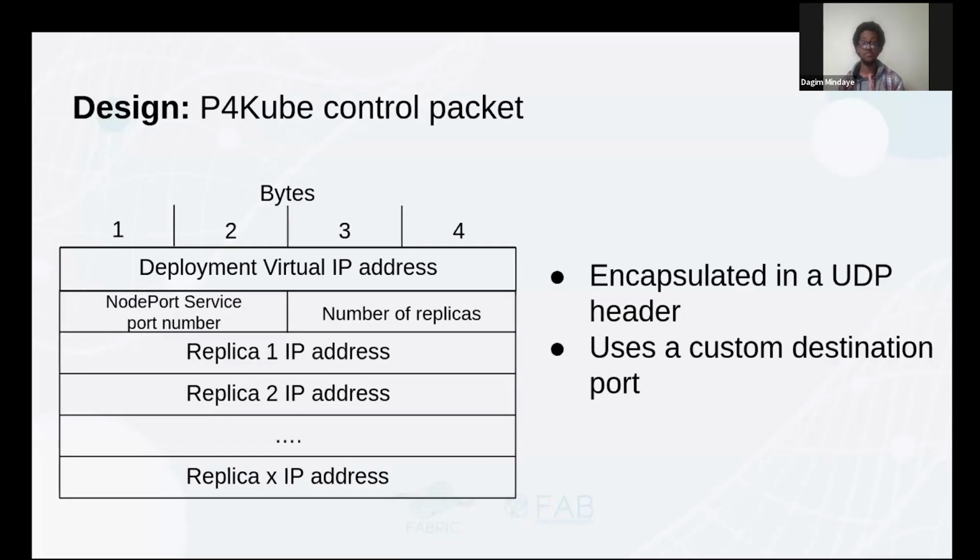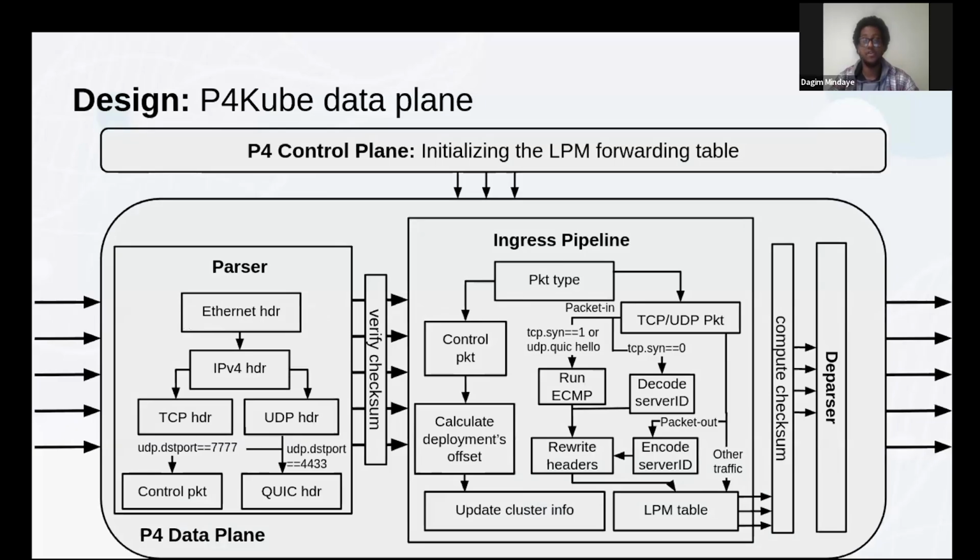So this distinguishes it as a control packet and not as any other packet coming from a client. For example, in our project we used 7777. So whenever it sees 7777, it knows it's a control packet.